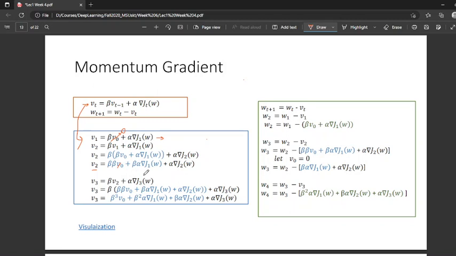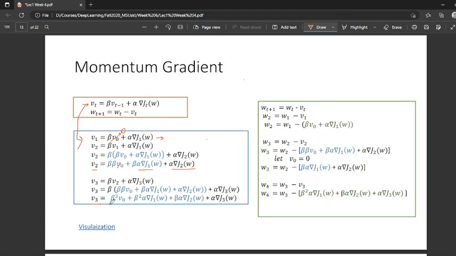Now V2 contains the previous gradient that was calculated in V1 at iteration 1, plus the new gradient at iteration 2. So what does that mean? V2 is actually accumulating the previous gradients with the current gradient. Now look at V3 at iteration 3.